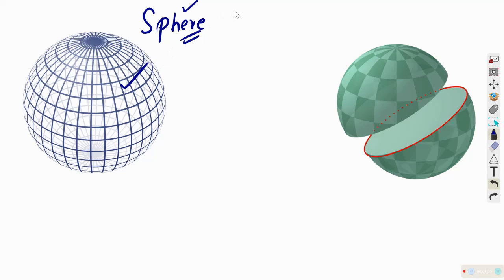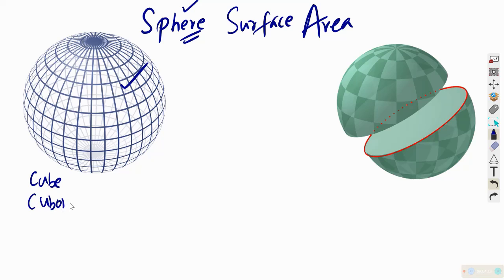Now the topic is surface area and volume. When we say surface area, what all have we taken so far? Cube, no problem, that is equal length, equal breadth, equal height. Cuboid, there is length, breadth and height. Then cylinder, no problem, there was a height and a radius.